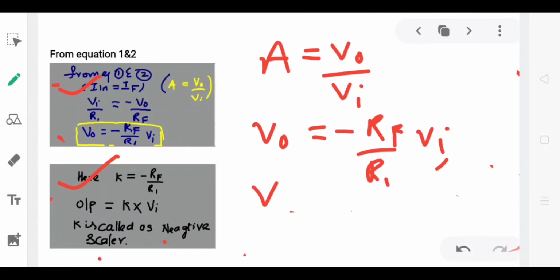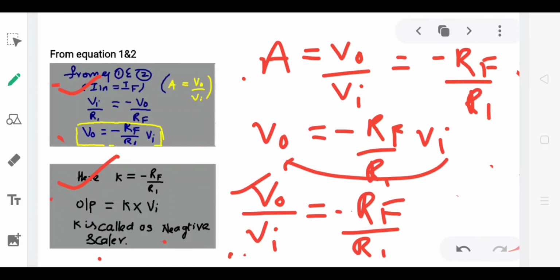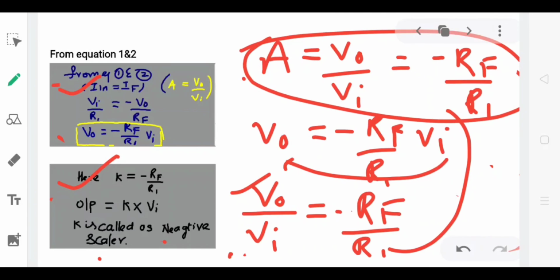Sending Vi to the left side, V0 by Vi is equal to minus RF by R1. V0 by Vi is what? Gain. Gain is equal to minus RF by R1. This is the gain formula in the inverting amplifier.